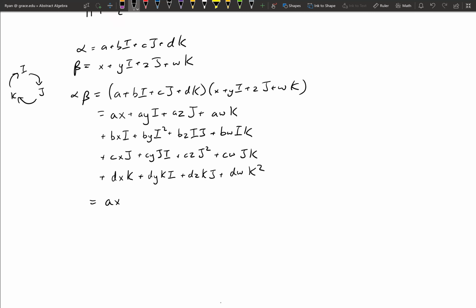So AX plus the whole first line I'm just repeating, plus AZJ plus AWK, plus BXI plus BY, I squared is -1, plus BZ, I times J is K, because we're going around the circle the correct way.